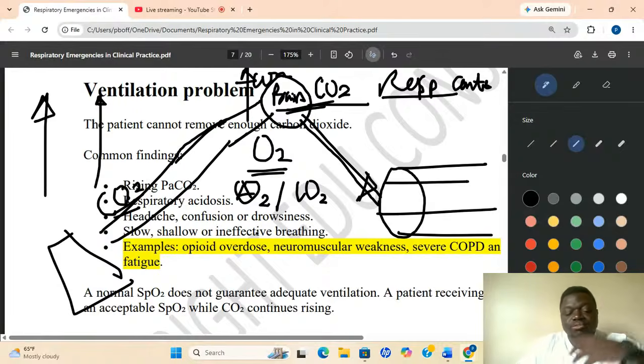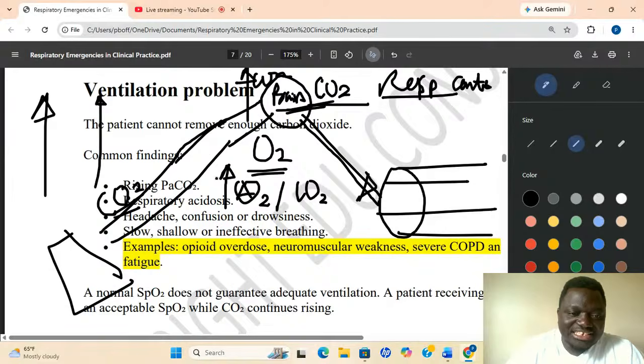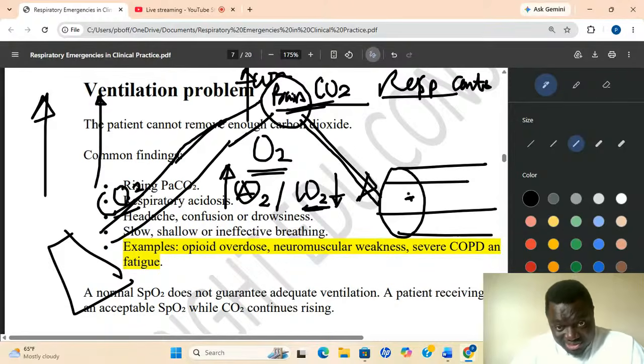In a normal human being with no COPD like you and I, our oxygen is always high in the blood and our CO2 is low in the bloodstream. So the brain will depend on the lowest concentration to tell the lungs to breathe. That is what the respiratory center does.